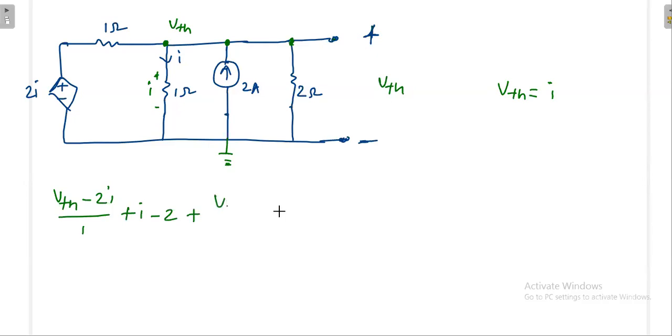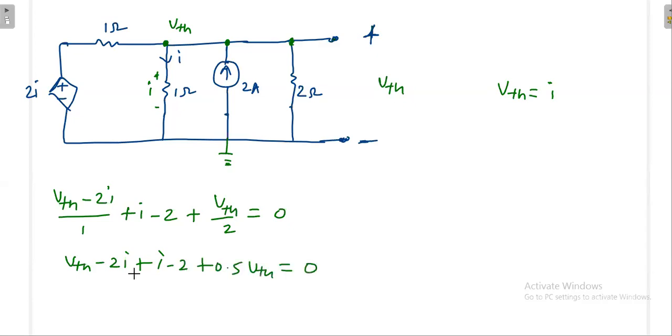Again in this equation, you know this V Thevenin is equal to I. So you replace I with V Thevenin. V Thevenin minus 2I plus I minus 2, plus 0.5 V Thevenin is equal to 0.